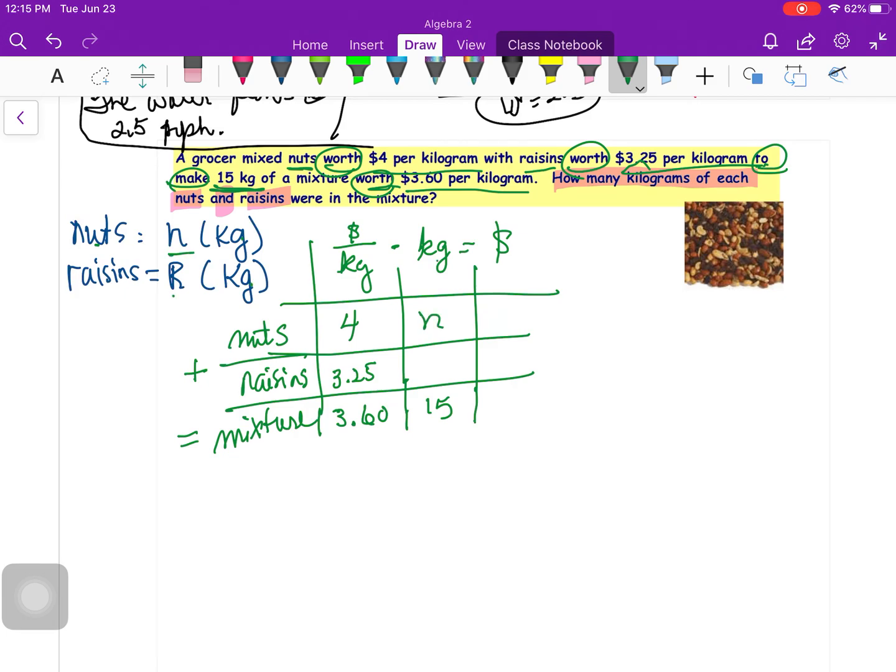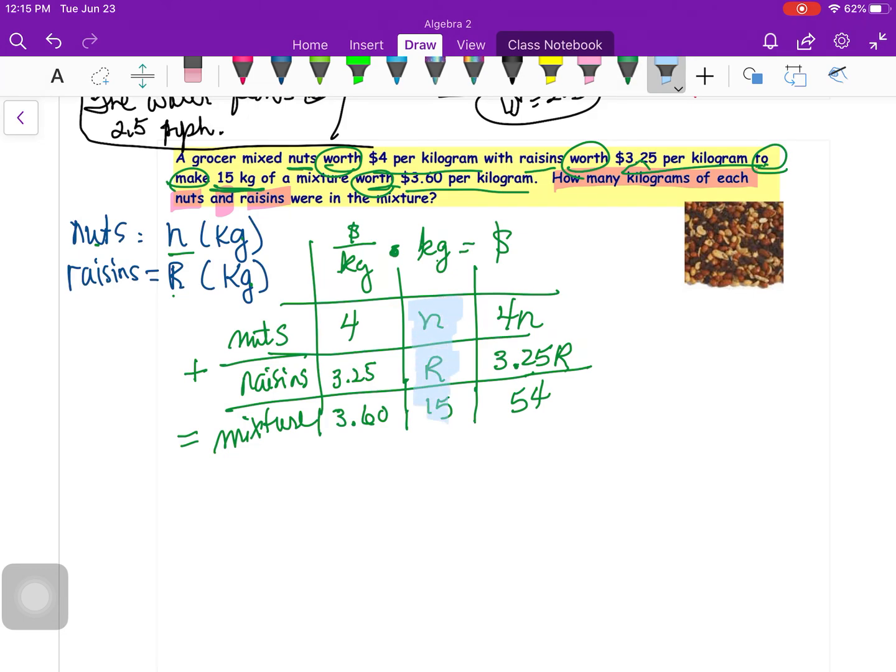Kilograms of nuts was N, kilograms of raisins was R, and this says to multiply, so this is 4 times N, 3.25 times R, and 3.60 times 15 gives me 54.